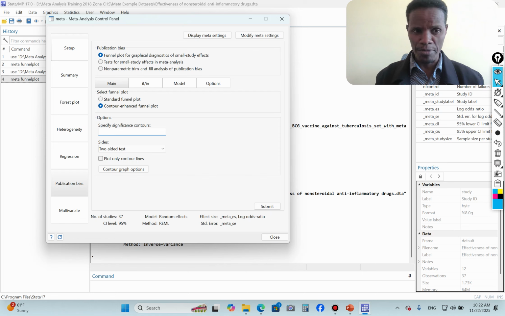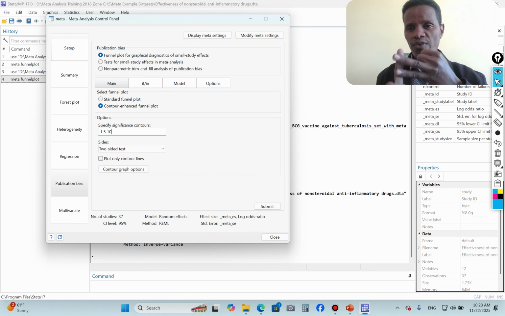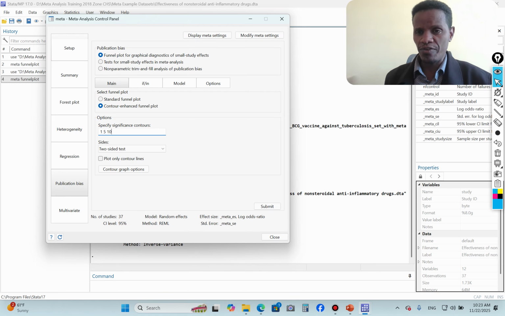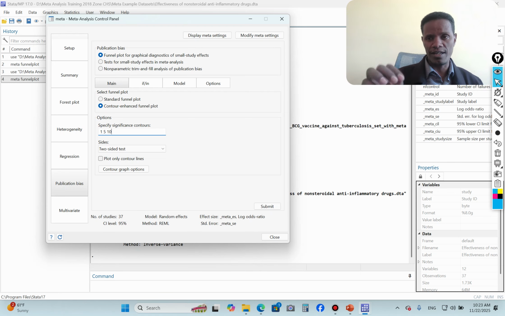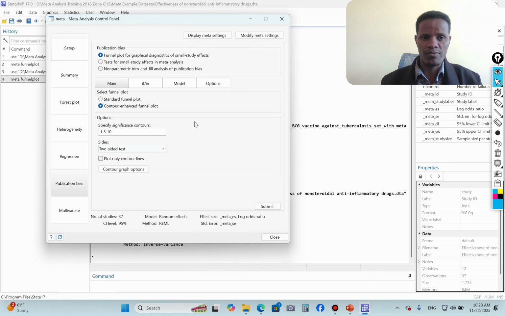So you need to write number 1 over here, press the space bar once, write 5, hit the space bar once, and lastly write 10. So these are the two-sided; the two-sided should just be accepted as the default.